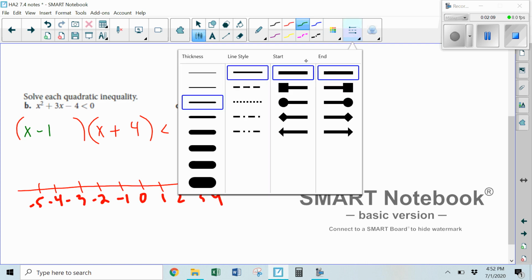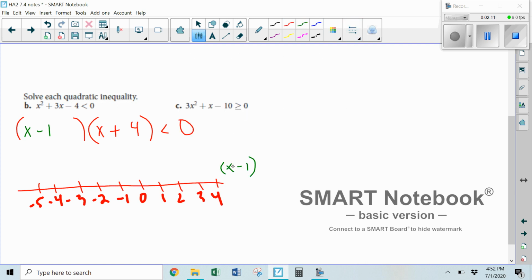So here's what we're going to do. You're going to write one factor first. So at x minus 1, go to the value where you get 0. So 1. 1 minus 1 is 0. So above 1, I want you to put a 0. Now on this side of 0, what would happen if I plugged the 2 in here? 2 minus 1, I'll get a positive value.